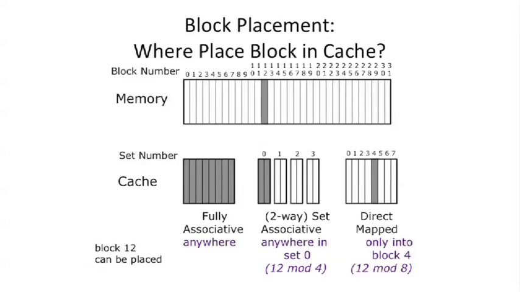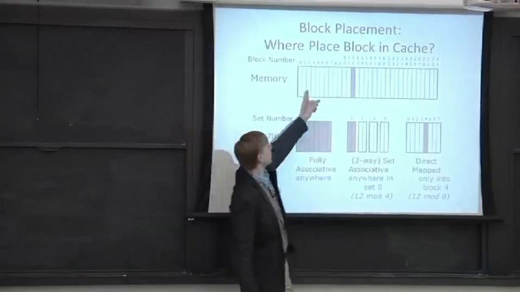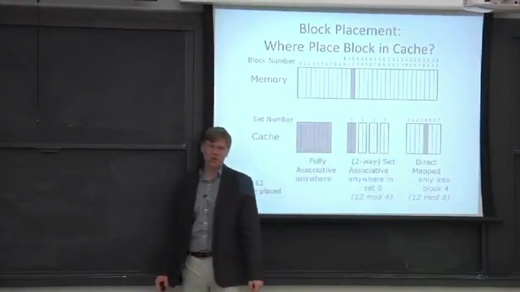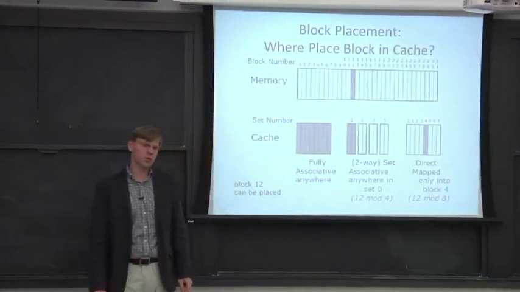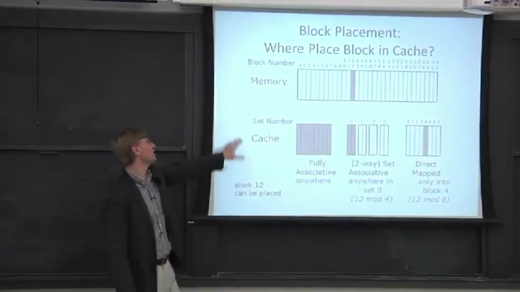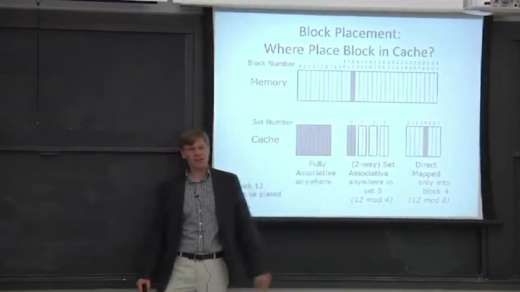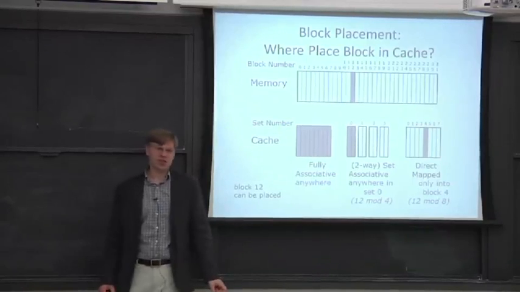Okay, so let's look at a block placement figure here and look at a couple different types of caches. So up here, we have a 32-word memory. So let's say this is all of the memory in the machine.